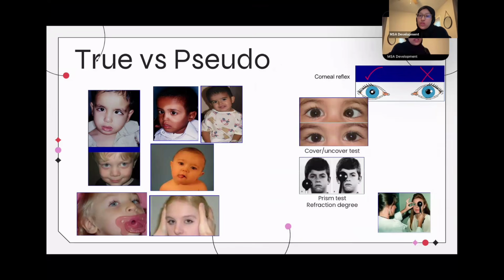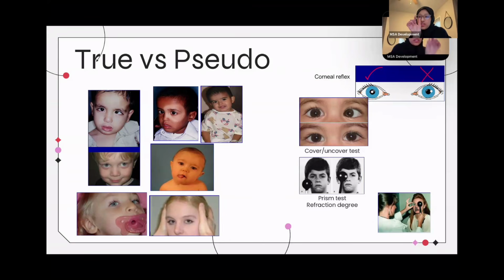Cover uncover means covering the normal eye, and then if the abnormal strabismus eye moves to the center, then that means it is at least milder than being stuck to the side. Like it can go to the middle if you just focus, if that makes sense. So cover uncover test, prism test, not too important, but just good to know.